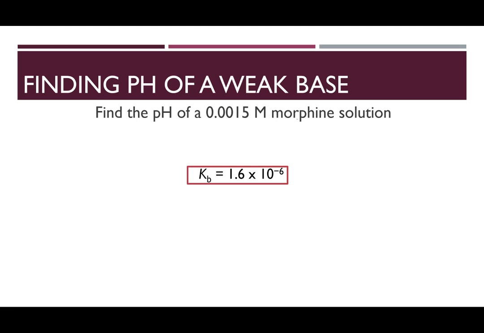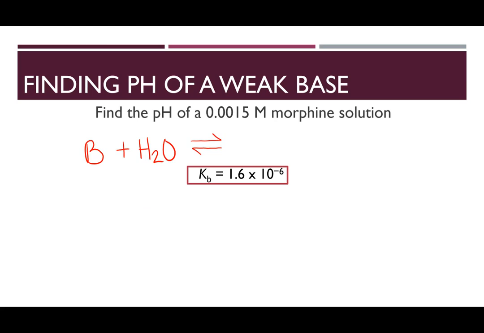So I've determined that morphine is in fact a base, so I'm going to call it B for base. That base, just like our acids, is going to be put into a beaker of water. And because it's weak, we know that it's going to be in equilibrium.